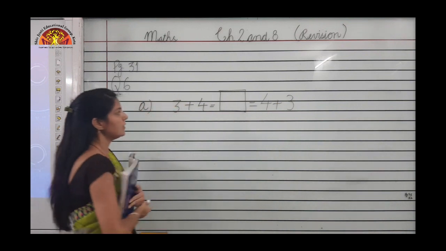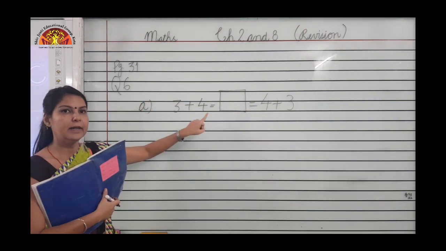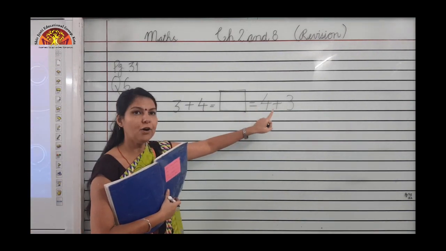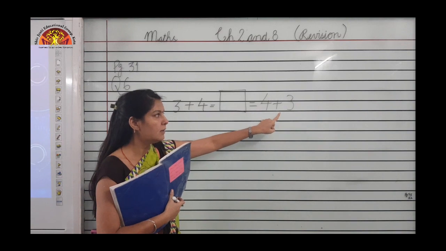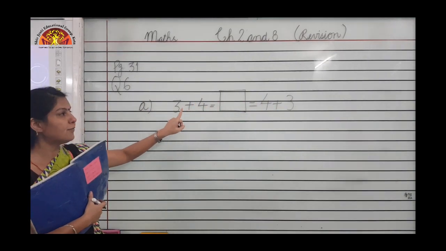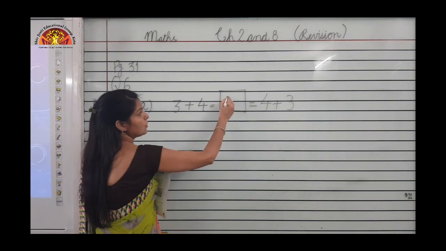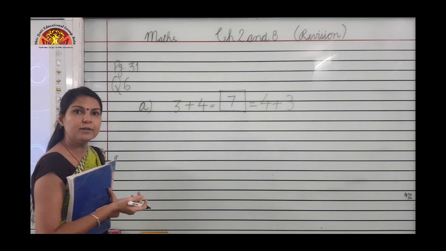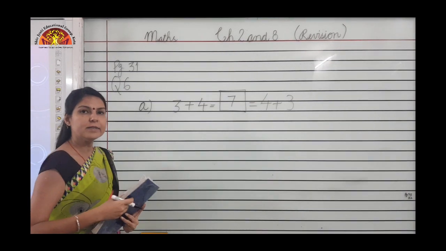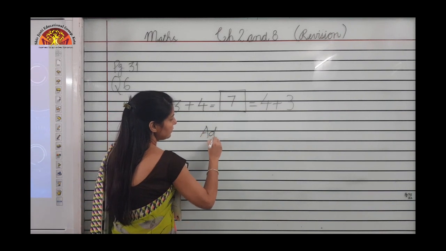Here you can see, first of all we are adding 3 in 4, and here we change the order of the numbers. The numbers are 4 and 3. Now what will we get after adding these two? We will get 7. So here we can say that if we change the order of the numbers, the answer will remain the same. This is called the addition fact.